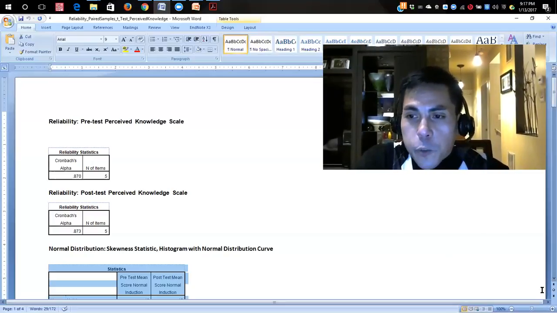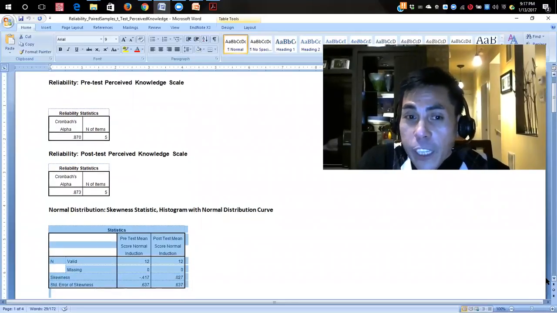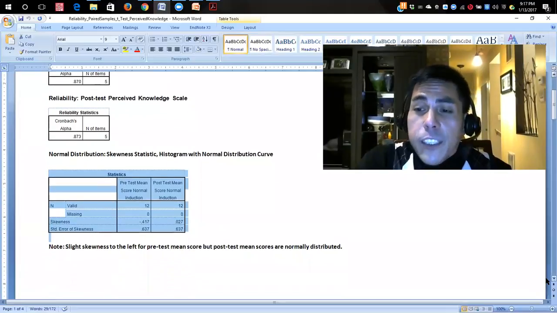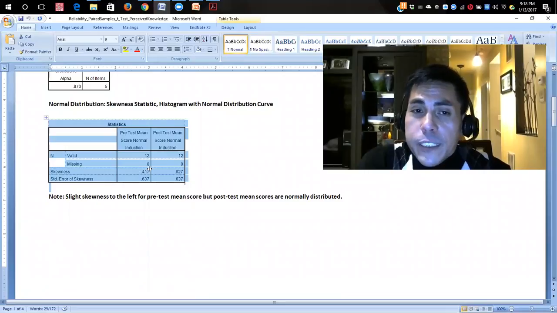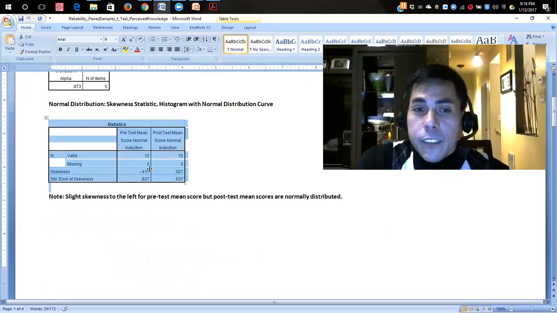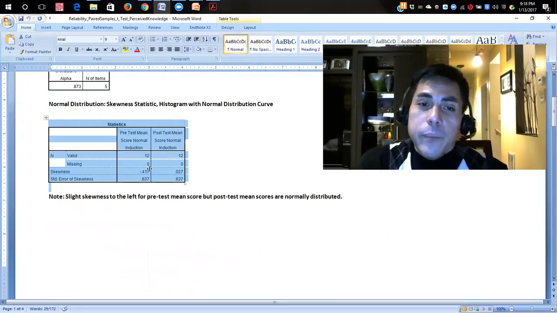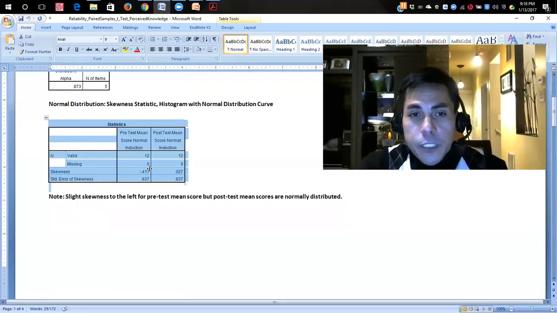So again, the two ways to do that: you look at normal distribution, you look at your skewness statistics. A skewness of 0 means there's no skewness, anything negative is skewed to the left, and positive skewness means higher values, like 0.5 or 0.6.